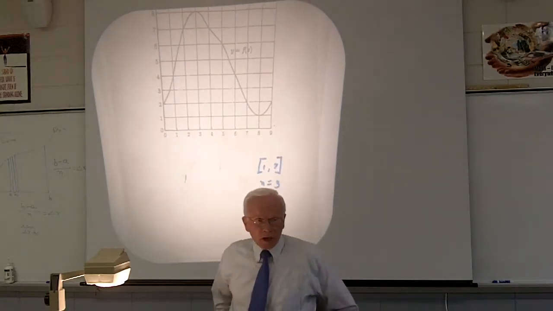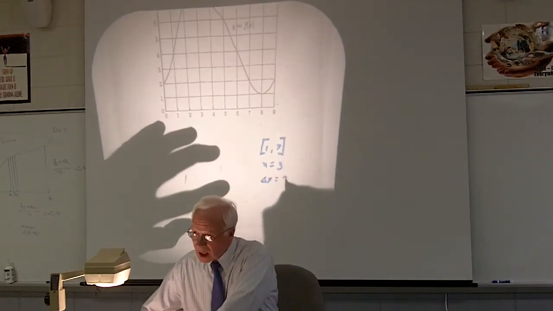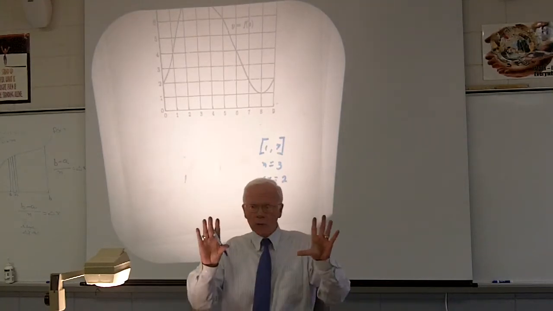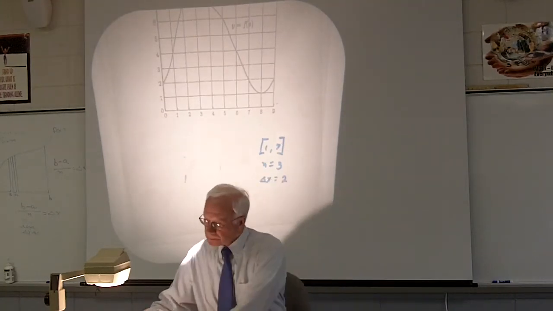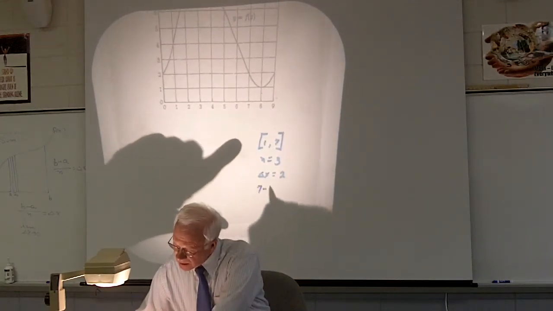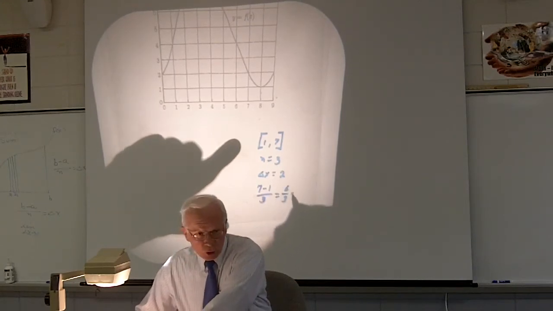So in this case, what is delta x? 2. Are you all with me on that? Because what we did here is 7 minus 1 divided by 3, which gives me 6 over 3, which is 2.